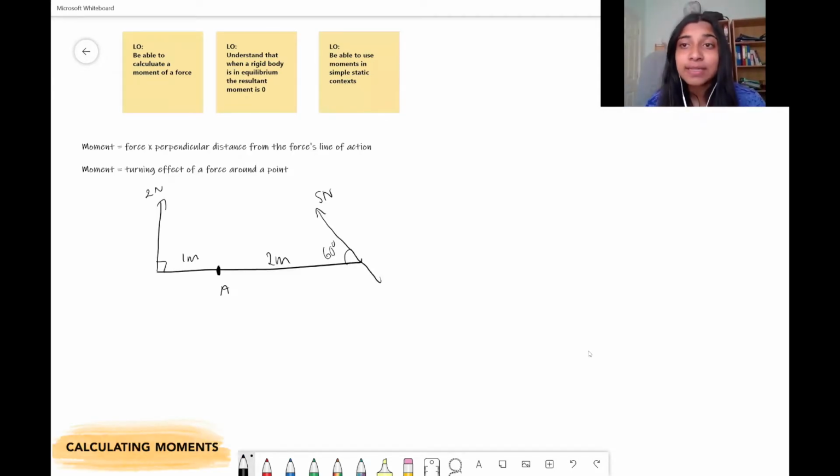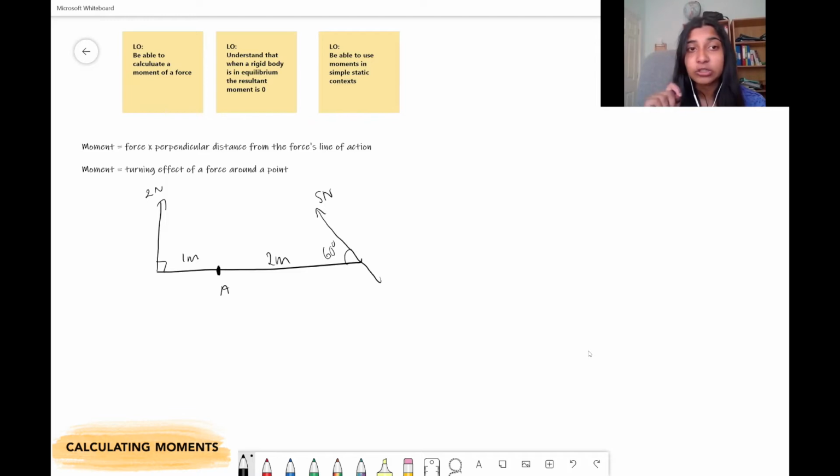So a moment is just a turning effect of a force around a point. If you're asked to calculate a moment, that's just equal to your force times your perpendicular distance from the force's line of action. You could either have anti-clockwise moments or clockwise moments.